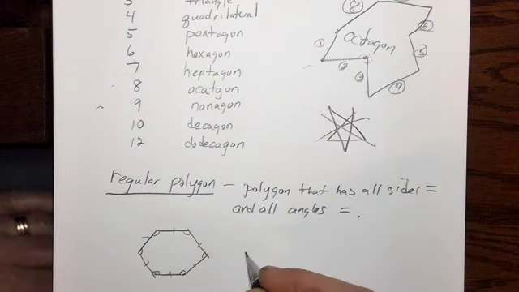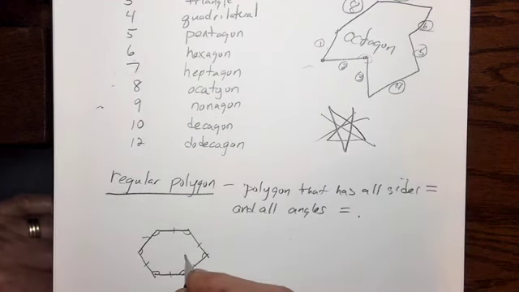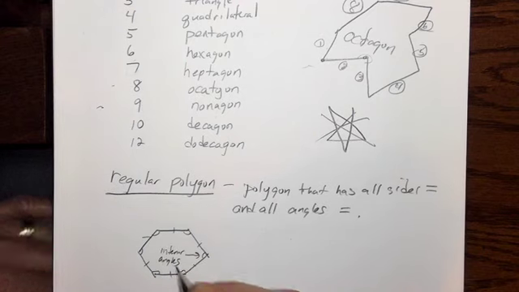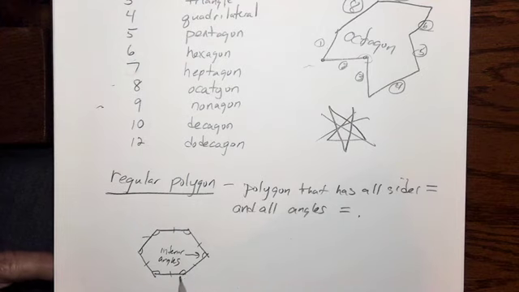So we have what are called interior angles. That's what these are. And if you were to extend a side out, this angle right here is called an exterior angle.